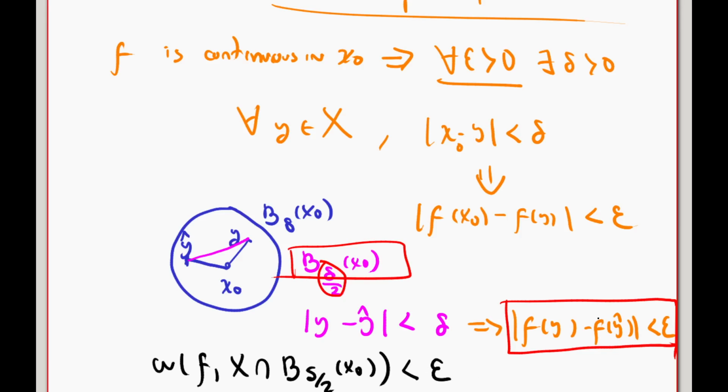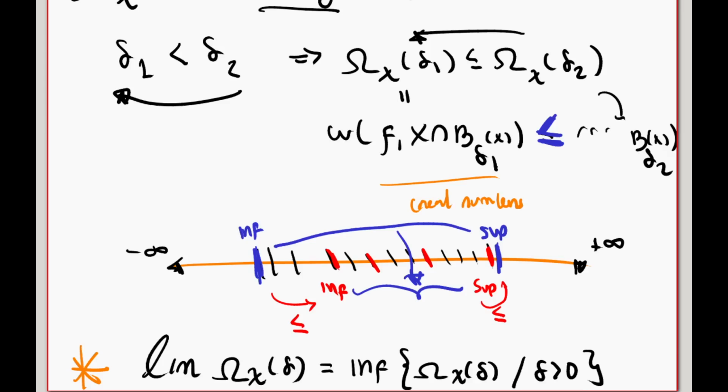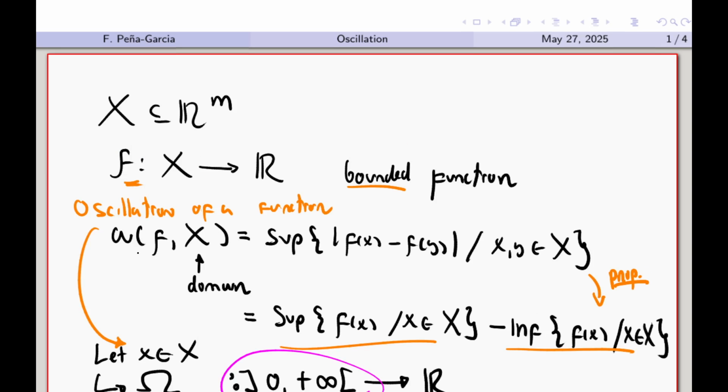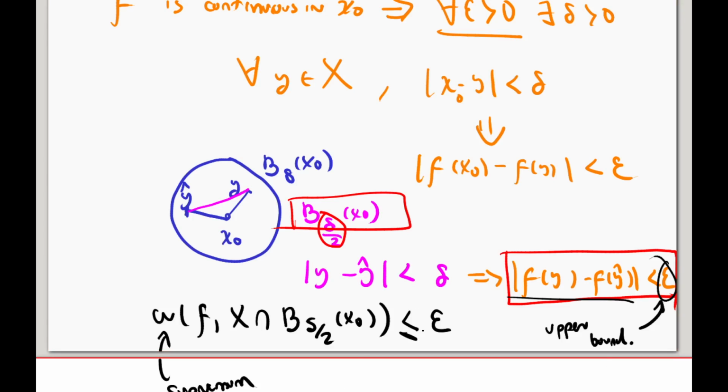Well, I think it is, because this is a bound for these differences, and as we recall, the oscillation is equal to the supremum. So given that this is an upper bound and this is a supremum, this inequality will hold.